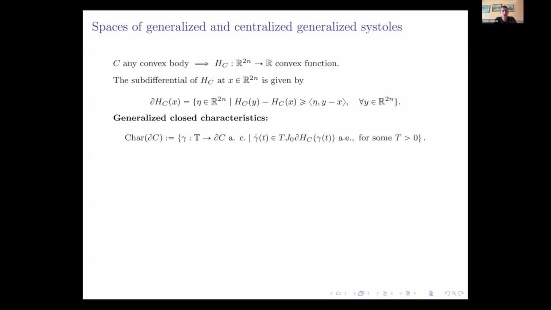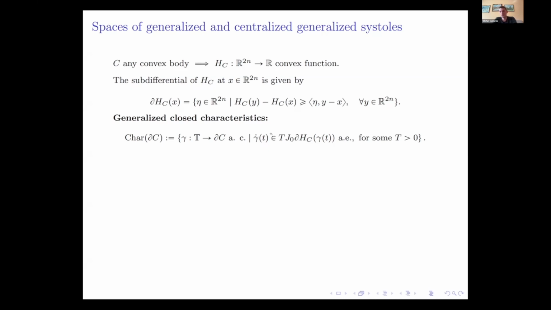So then we have a natural extension of closed Reeb orbits, which we're going to call the generalized closed characteristics. So the set of absolutely continuous functions which satisfy this equation almost everywhere for some constant t. And now, as you can see, this is the same equation as it was in the smooth case, just that instead of the gradient, we now have the subdifferential.